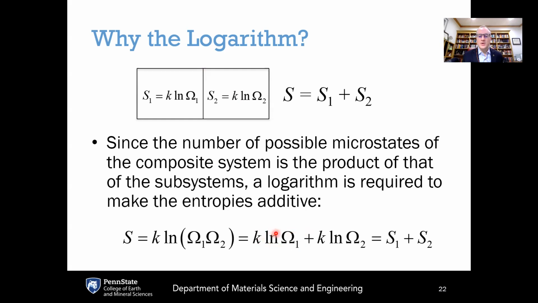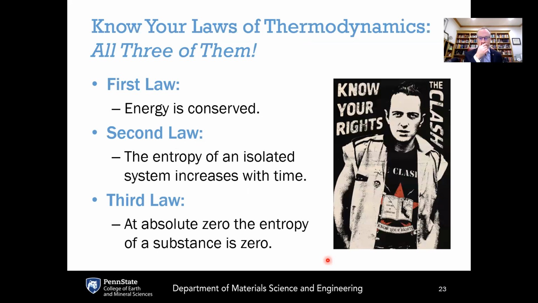This first term is S1. The second term is S2. So the logarithm is there because of the extensive nature of entropy and the fact that when you combine two different subsystems, the number of possible microstates is the product of the microstates of the subsystems, not the summation. So that is why the logarithm is there in Boltzmann's formula.